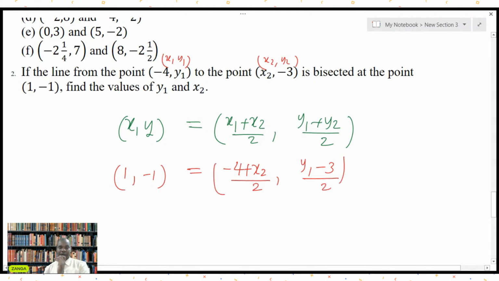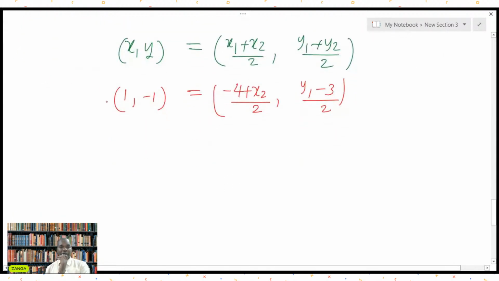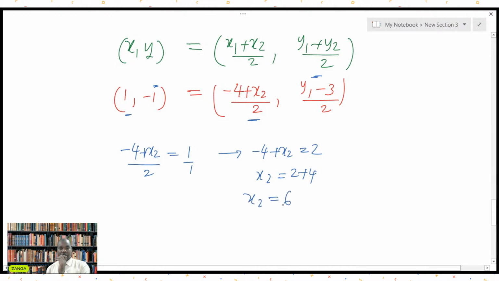Okay, so we'll be just comparing, and with comparison we mean that I'll be comparing x values with x values, and the y values will be compared with y values. So negative 4 plus x2 over 2 is equal to 1. When you cross multiply, you have negative 4 plus x2 equals 2, and x2 will be 2 plus 4. x2 will be equal to 6.